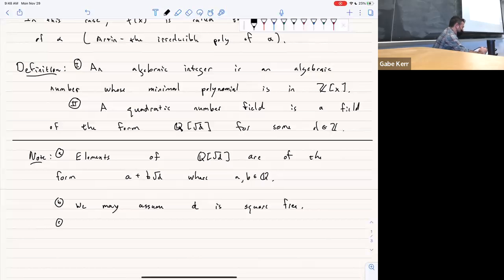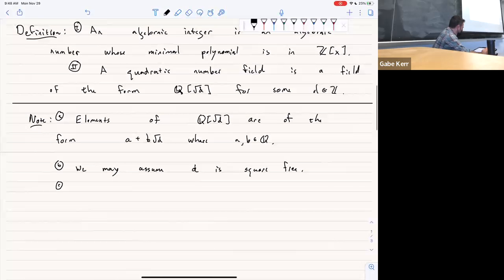There's a little notation, and we're going to focus on one side, I think, for most of the chapter, which is that we can consider two main cases. One is that d is positive, the other is that d is negative. If it's positive, we say this is a real quadratic field.